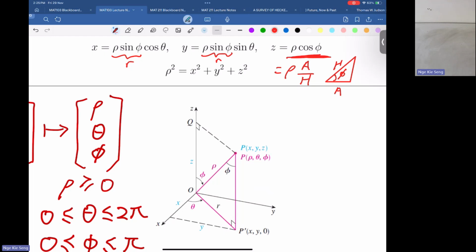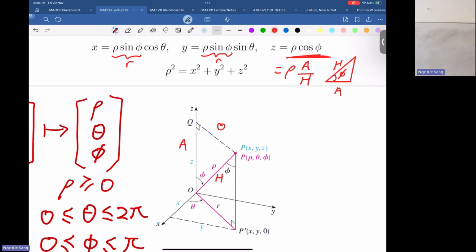So what is this rho sine phi business here? What does this do? Sine computes what? Opposite over hypotenuse. So what's the opposite here? Here is adjacent, here is opposite, here is hypotenuse.